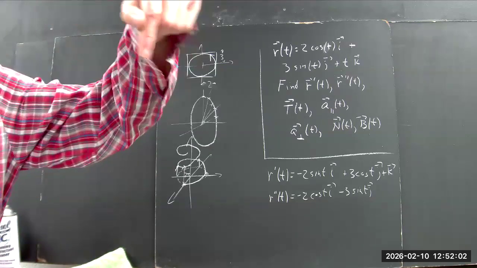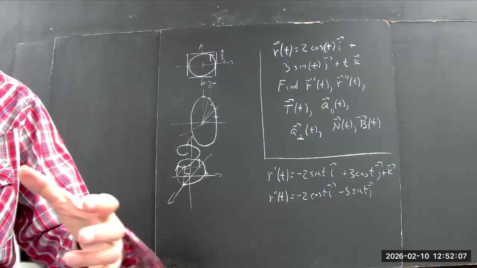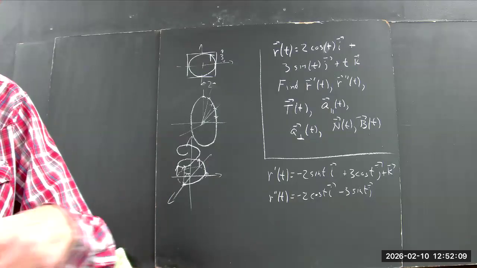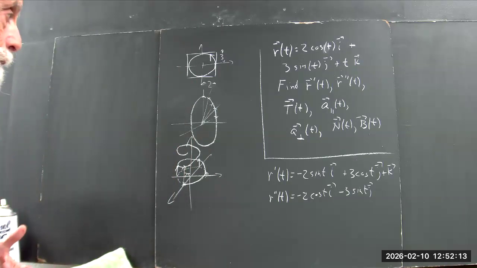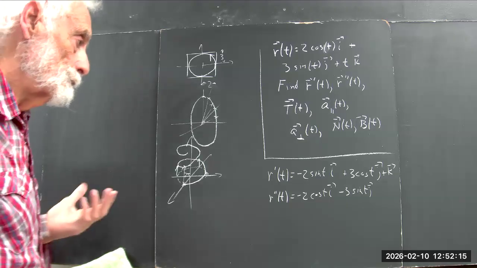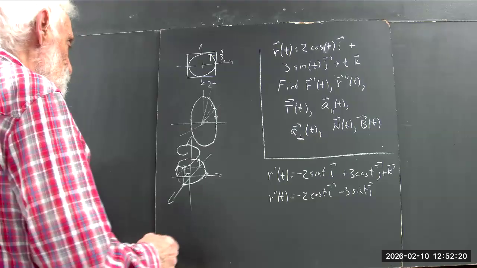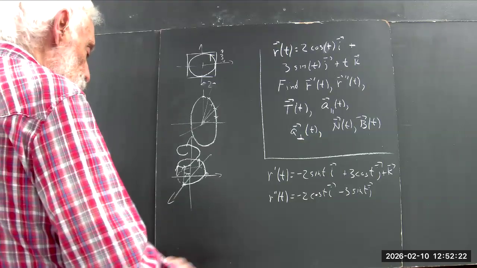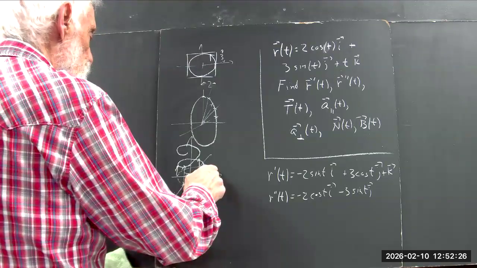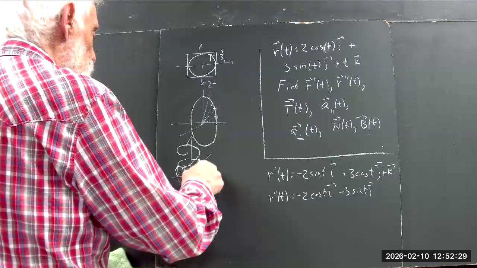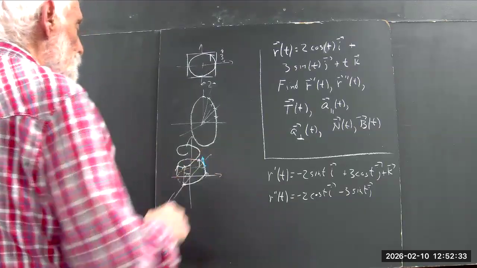You're spiraling upward. It's not a helix because it's elliptical. It's kind of like an elliptical helix, though. And now you can see what the velocities are going to look like. The velocity at this point is going to be tangent to the circle, but it's also going to be somewhat upward.